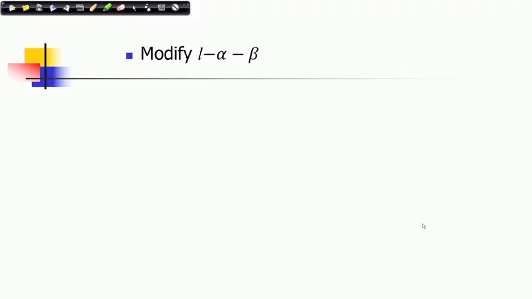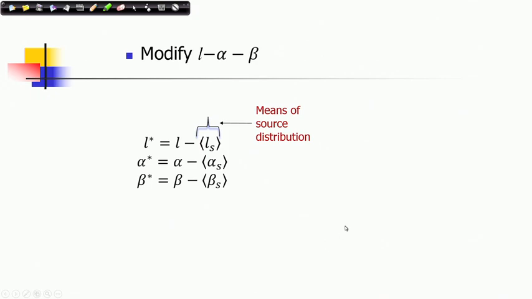So, for modifying the chromatic components and also the luminance component, first what we can do is subtract the mean of all those components from the source image. You can see here these symbols L_S, alpha_S, beta_S, they denote the corresponding L, alpha, beta components of the source image, and then you are taking their mean, which is denoted by this angle bracket operation.